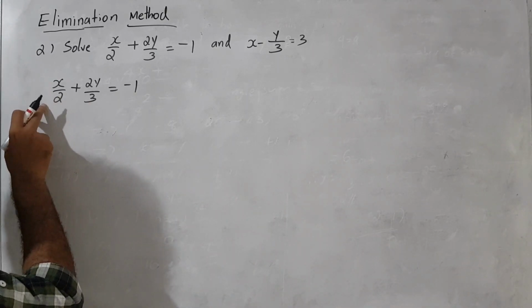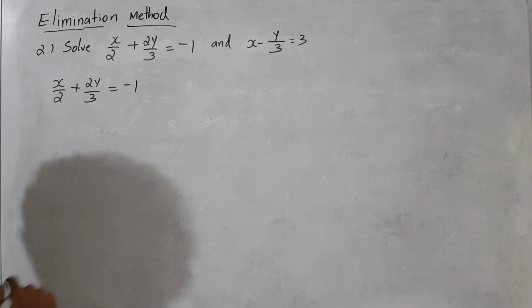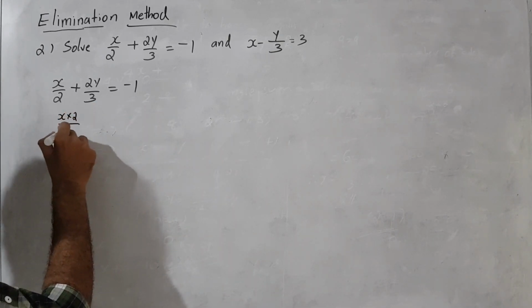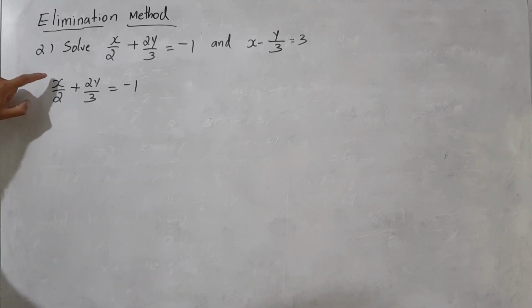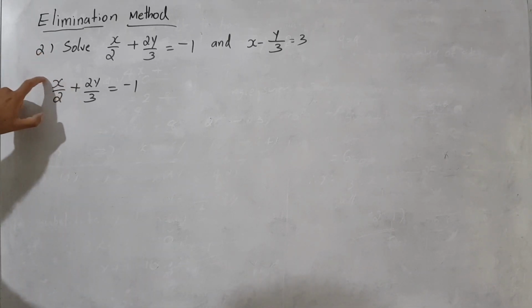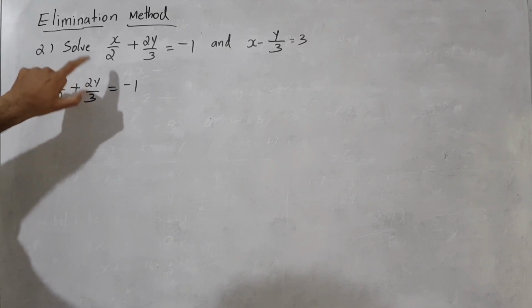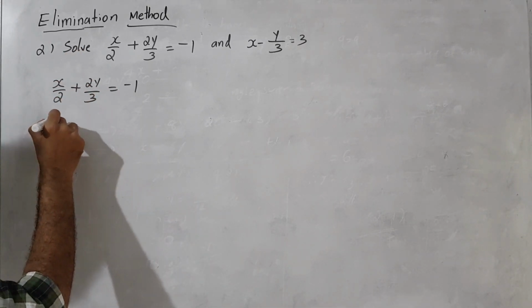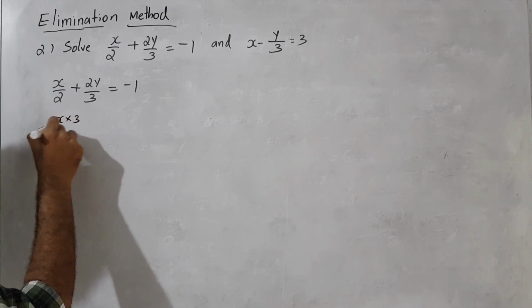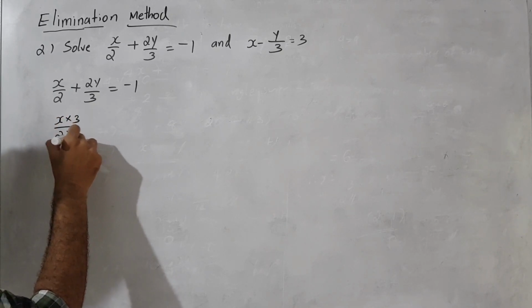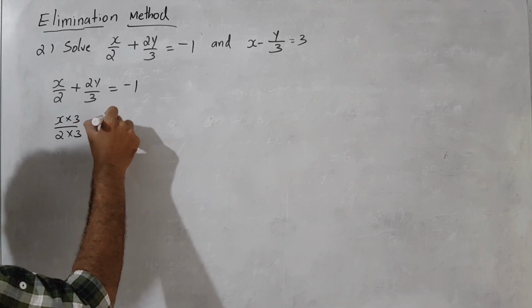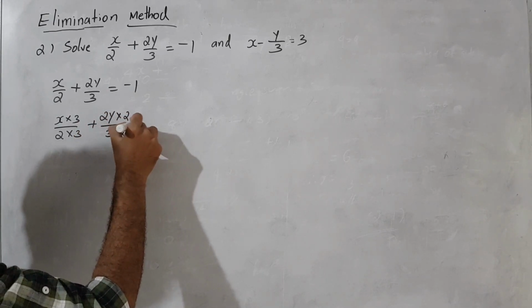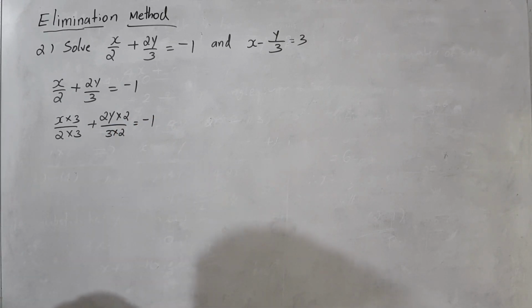We multiply the first term by 3 and the second term by 2. So the next step is x into 3 by 2 into 3 plus 2y into 2 by 3 into 2 is equal to minus 1.